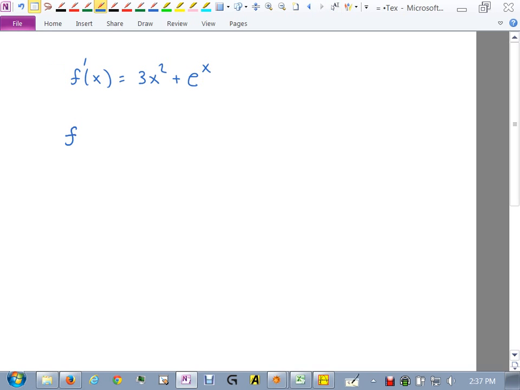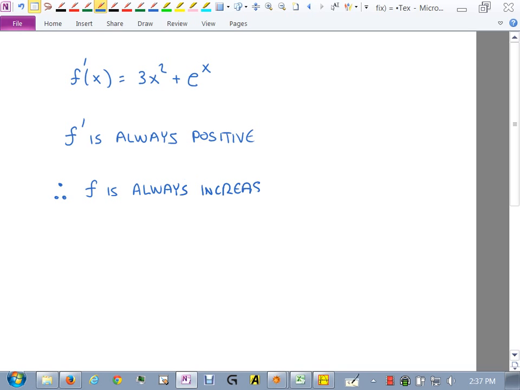So that means the derivative is always positive. Therefore, f is always increasing. Going up, right? It's always going up.